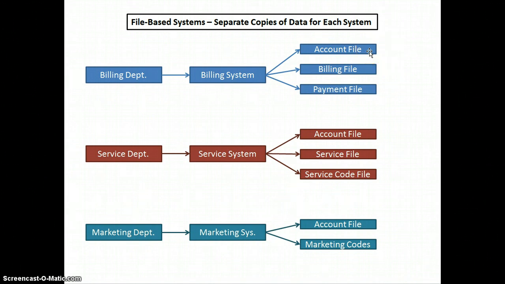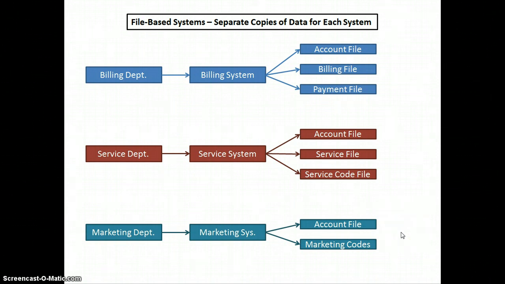So we see there's an account file for the billing department, the service department, and the marketing department. And because information is duplicated in 2 or 3 different account files, there's the probability that as data is updated, it's not going to get updated in each of the individual files.